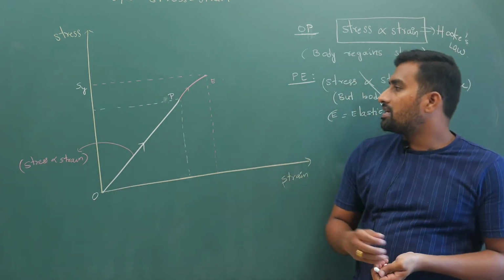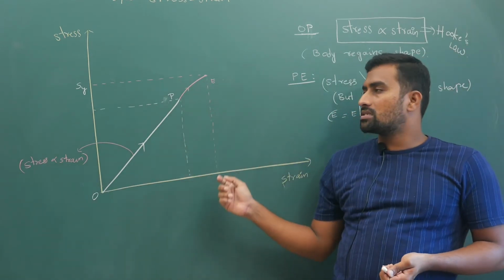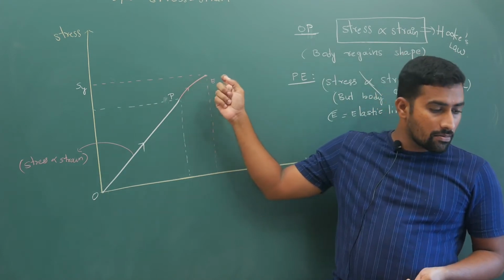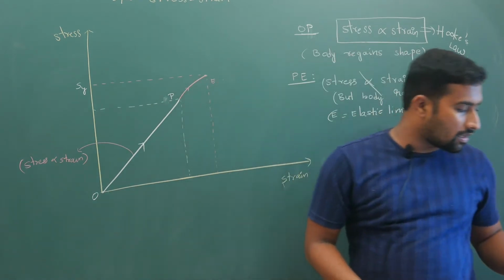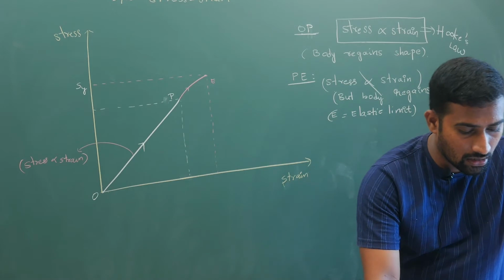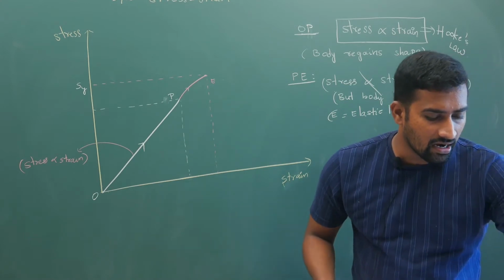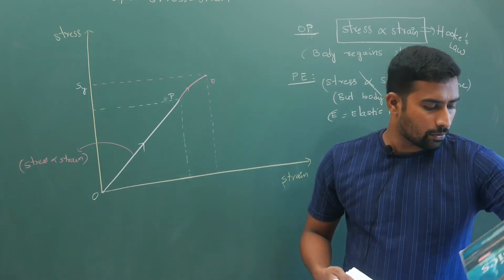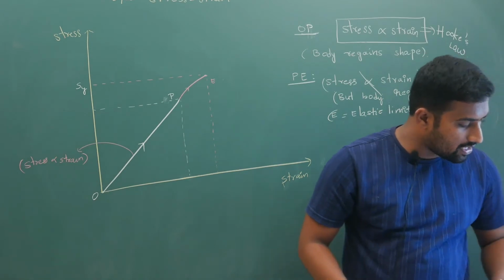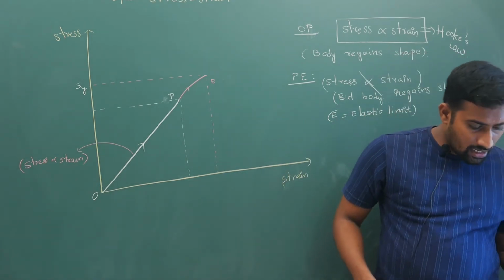Whatever stress or strain you apply, once the body crosses this point, it will not regain its shape at all. So only until point E will the body regain its shape.